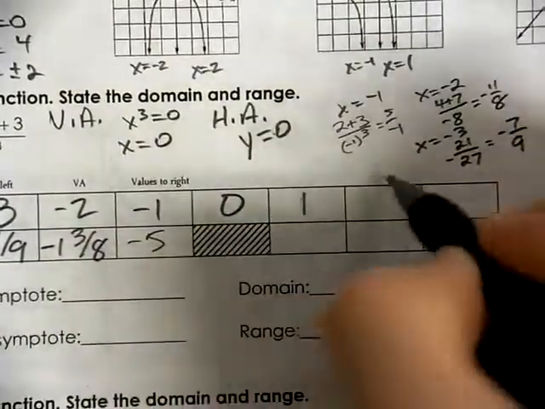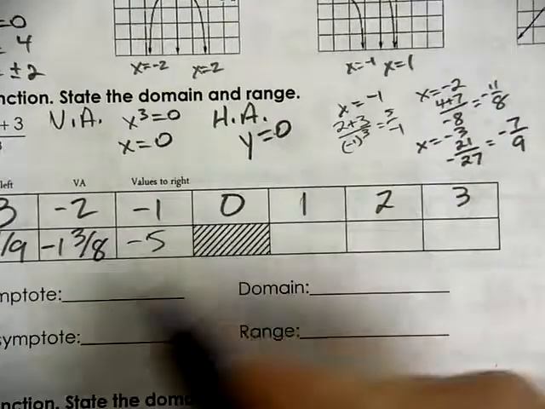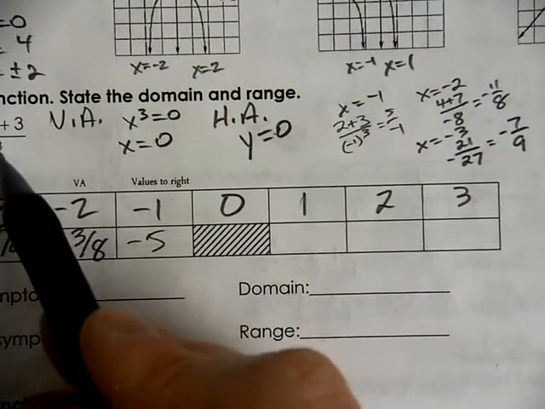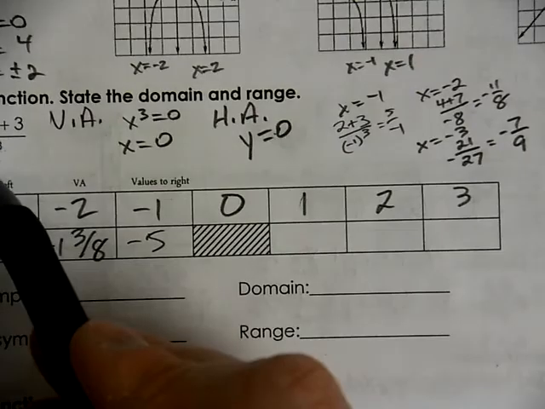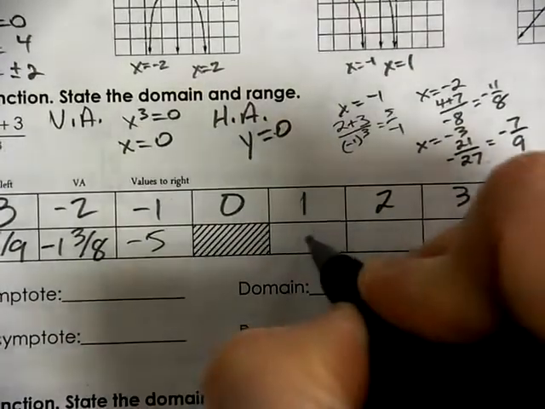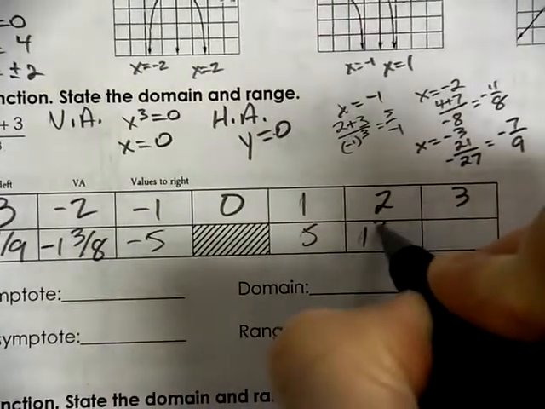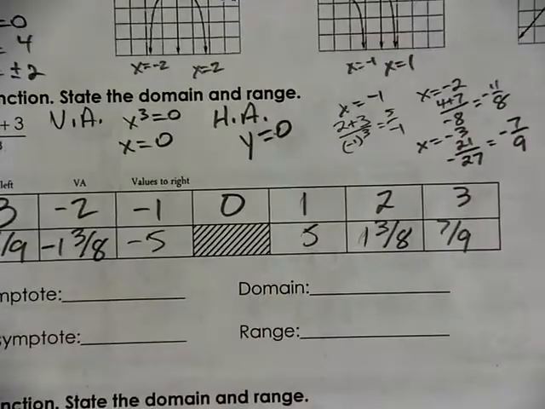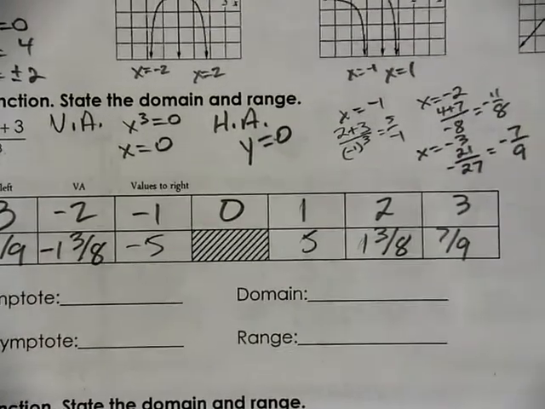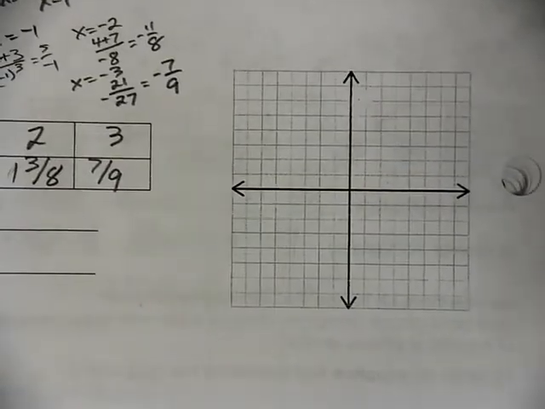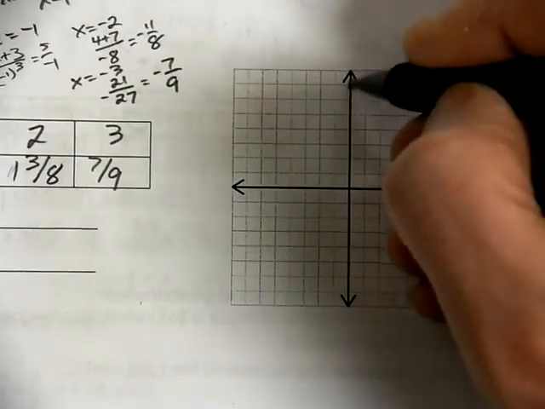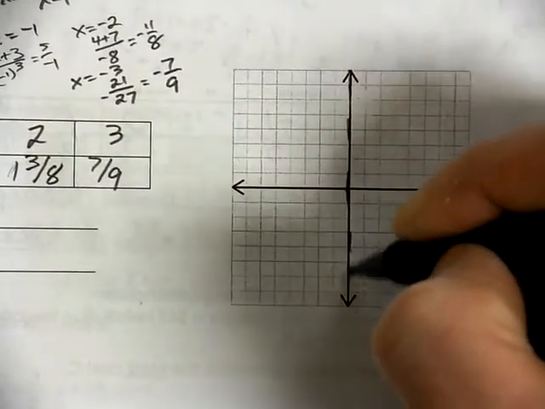When we do the positive sides, we'll be squaring to get positive numbers. We'll be cubing and still get positive numbers. So our results will be the same, but they will be positive results compared to what we got on the left-hand side of the vertical asymptote. So to graph this, we're going to go to our vertical asymptote, which is x equals 0.